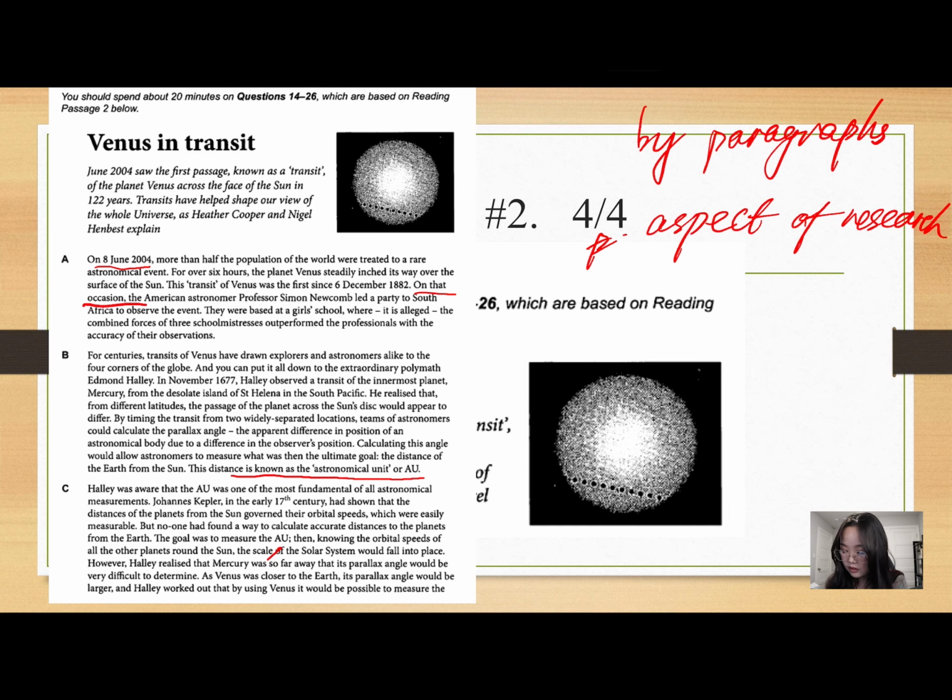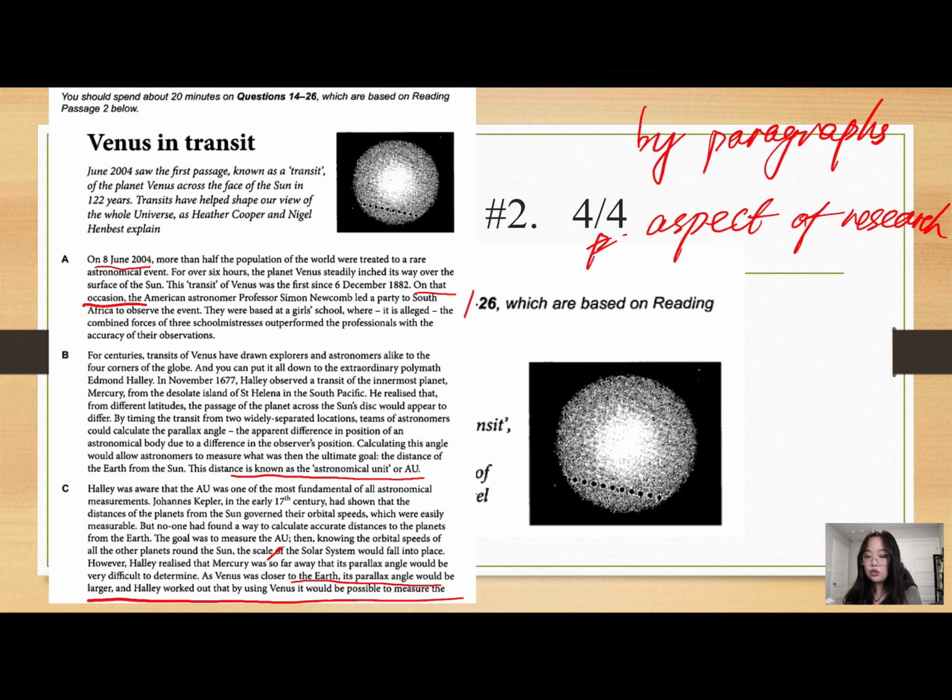And passage B, let me see. AU, and then it's closer to Earth, whose parallax angle would be larger. Using these two would be possible to measure. Okay, then passage C looks like it's talking about how the astronomical unit is helping us to shape our view of the whole universe. So different paragraphs talk about different aspects of the report.